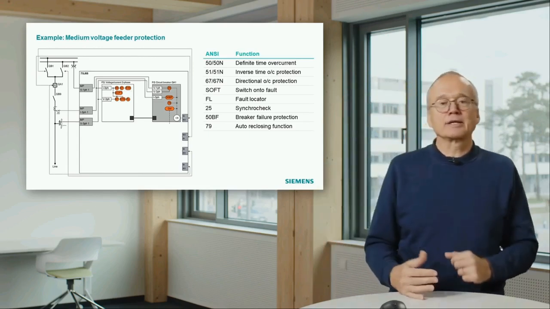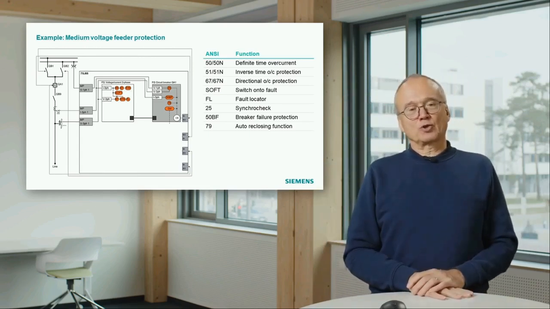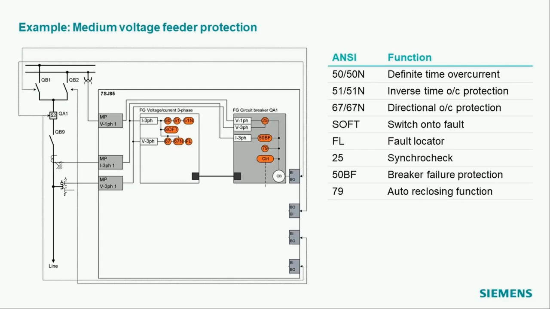FL is the fault locator, 25 is the synchro check, where we assume it is used here. It requires 2 voltage transformers, one on the line side and one on the bus bar side. We have a 50BF, meaning breaker failure, and in this case we also have an auto reclosing function because we assume it is an overhead line.